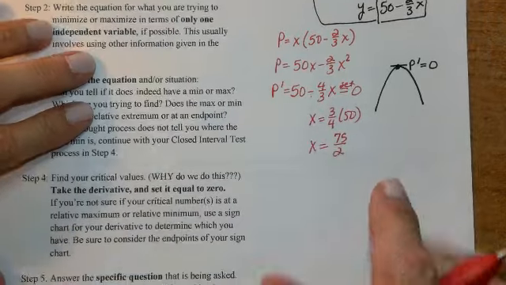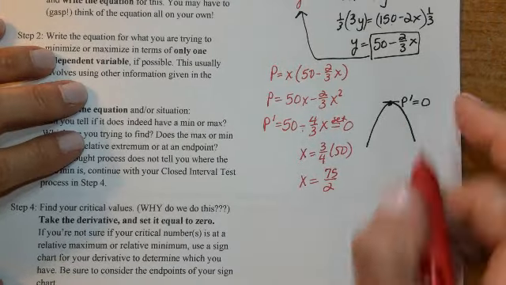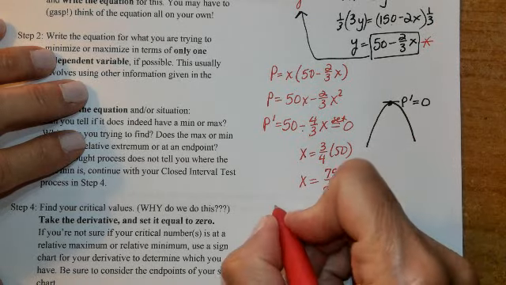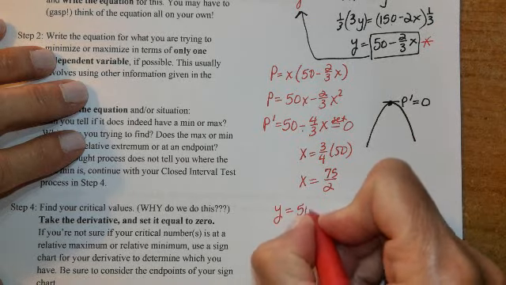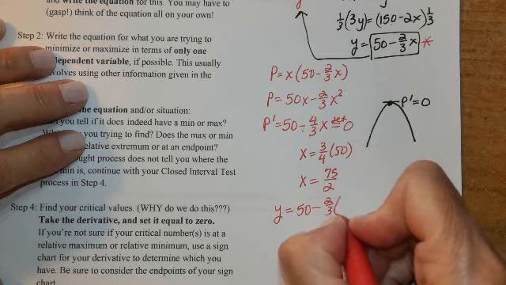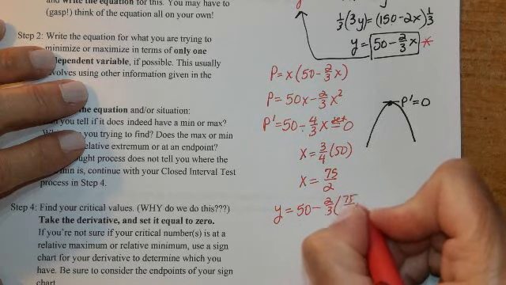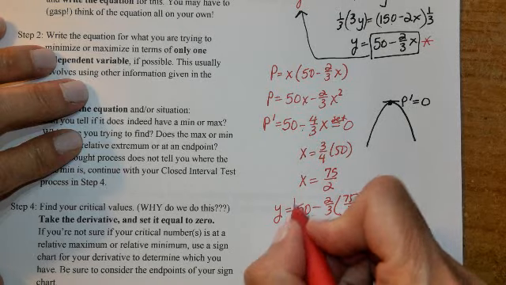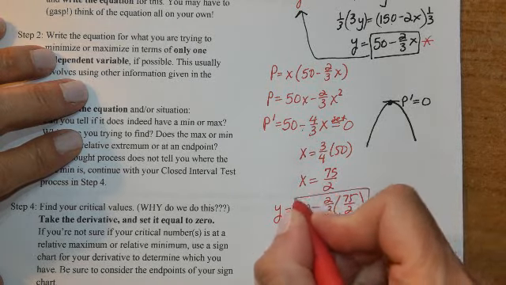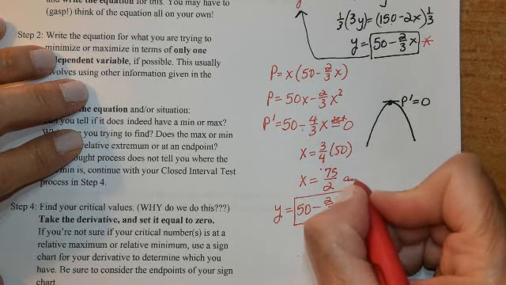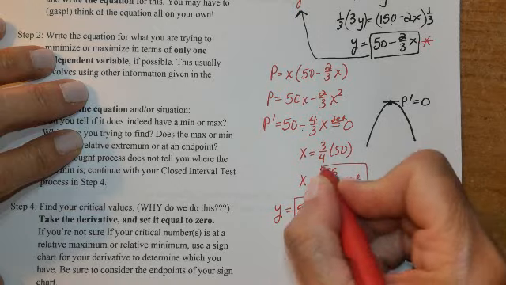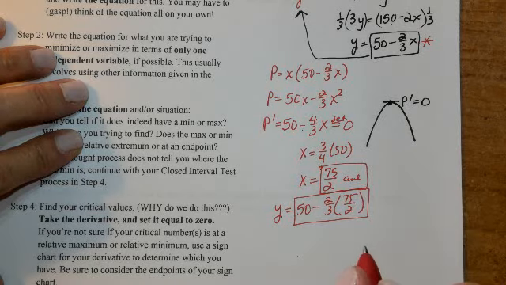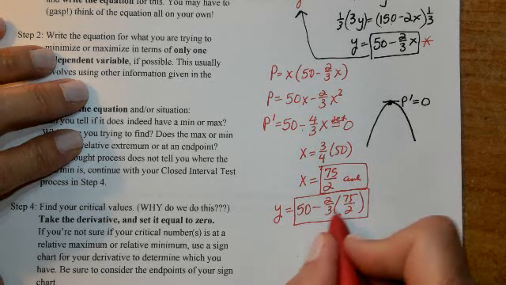So we need to go in now and find y, right? I'm going to come up here and use my y equals equation. So y is equal to 50 minus 2/3 x, which I now know is 75 halves. I can stop there and not simplify this.